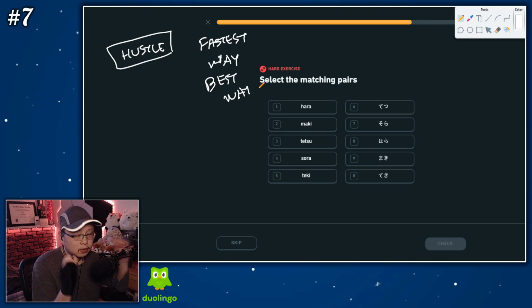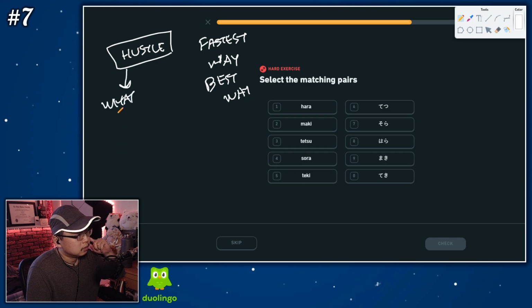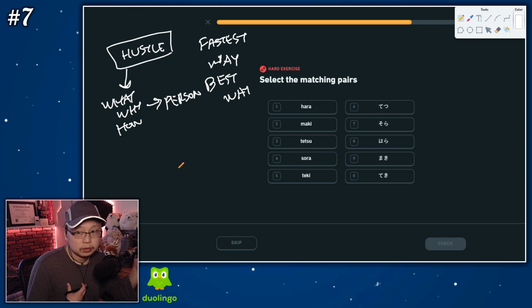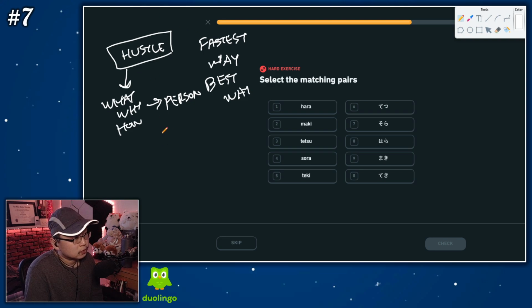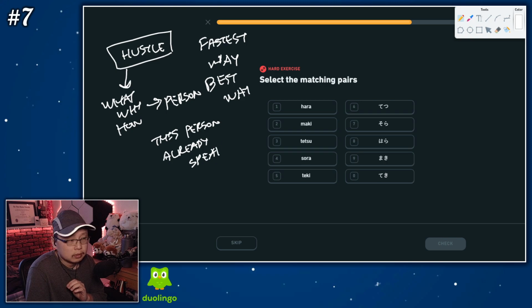The first thing you have to hear is if that person tells you the what, why, and how of the person itself. When someone introduces themselves and says, hey, I speak fluently in 5 languages, and here's how. The very first most important message you get is this person already speaks 5 languages. That is the biggest point.